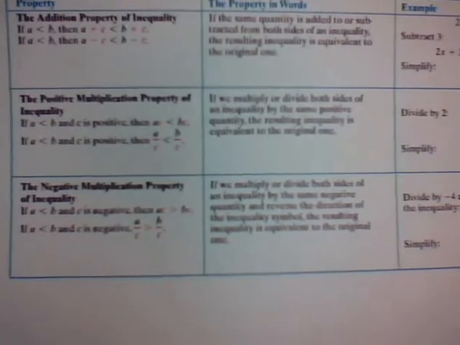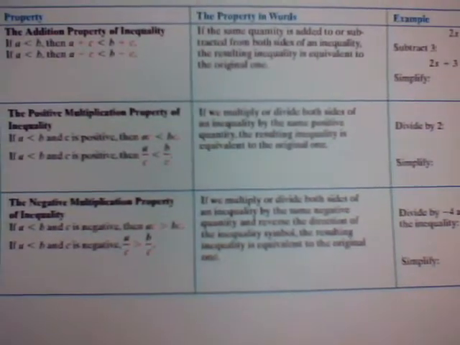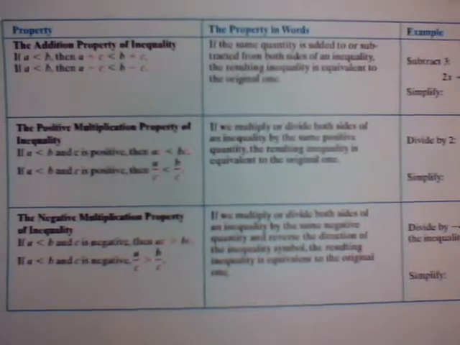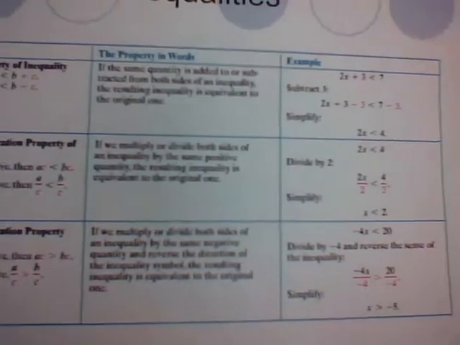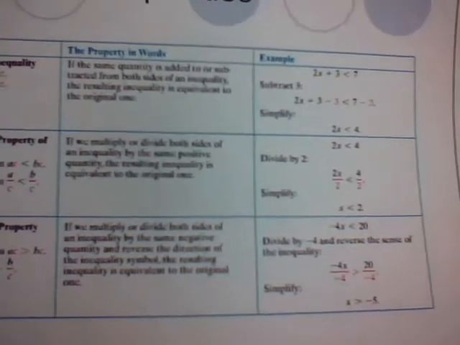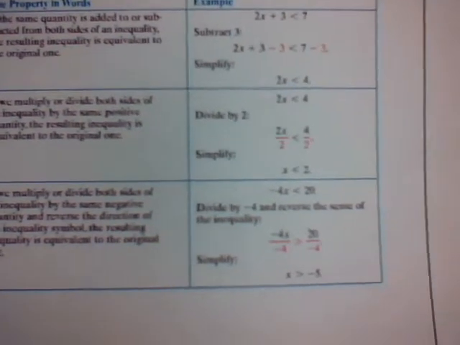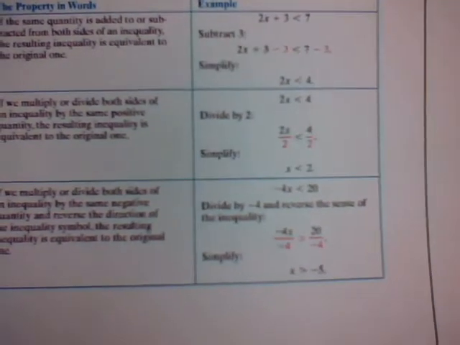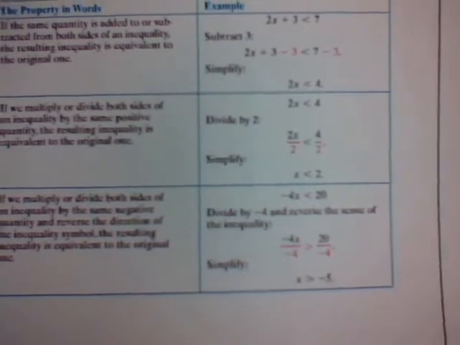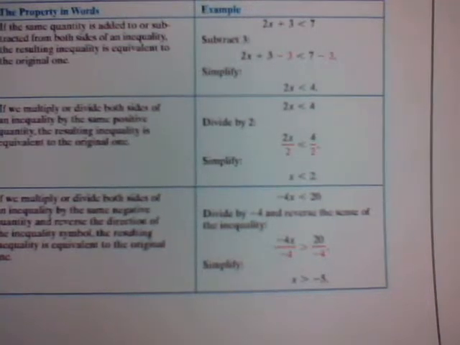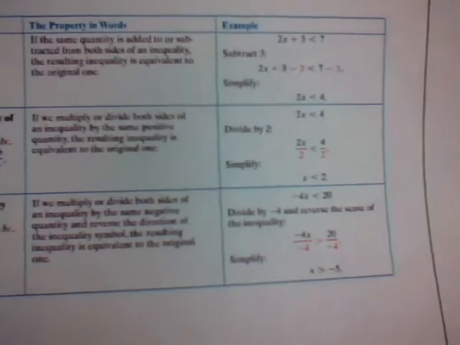But when you're multiplying or dividing both sides of an inequality by the same negative quantity, your inequality symbol reverses. Okay? So like in this case here we have negative 4x is less than 20. When you divide both sides by negative 4, the less than symbol changes to greater than. So you'll have x is greater than negative 5.